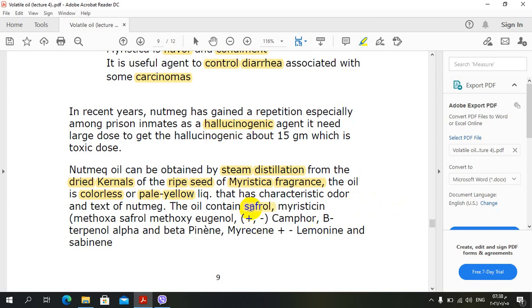The oil contains safrole, myristicin, methoxy safrole, methoxy eugenol, plus minus camphor, beta terpineol, alpha and beta pinene, myristicin, plus and minus limonene, sabinene.